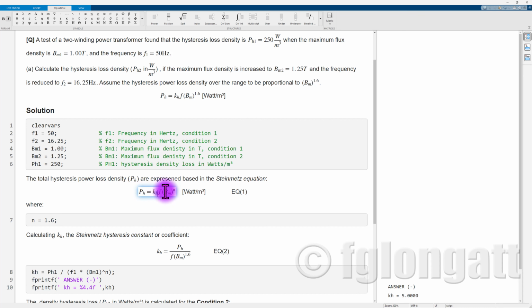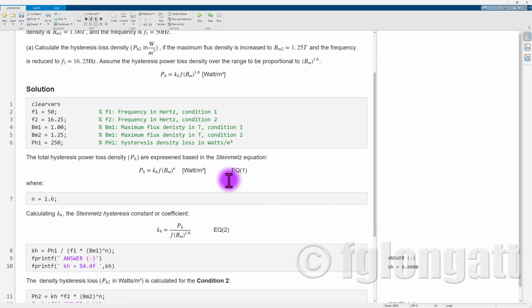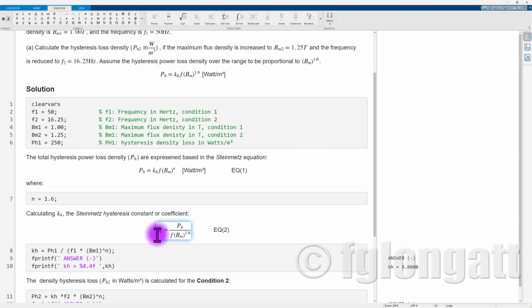We know the frequency, we know the magnetic flux density, but we don't know the Steinmetz hysteresis constant, KH. So the first step in solving this problem is extracting from equation number 1 the Steinmetz hysteresis constant, KH.